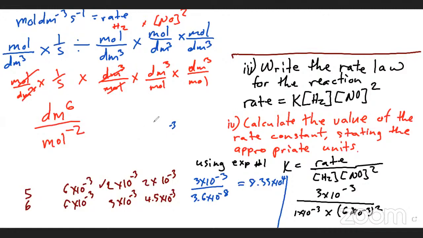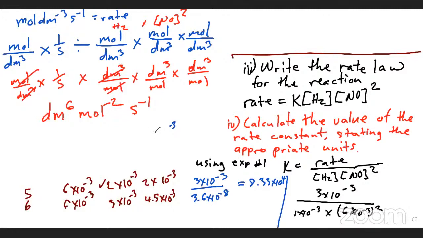Hold on. So the mole to the -2 here is because it is a denominator. S is also a denominator. So this is your unit, dm6 mole to the -2 s to the -1.